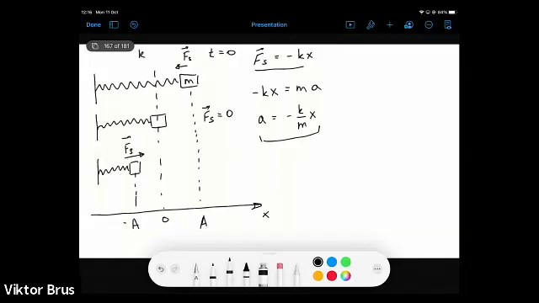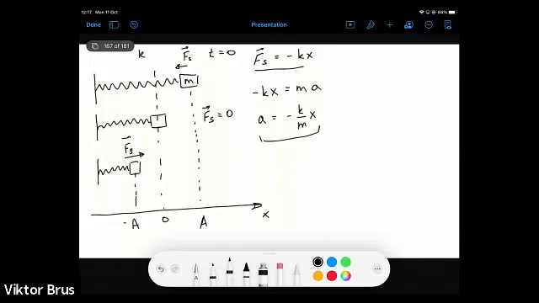So now we need to consider some differential equation, which is applicable for this particular case. Try to solve it, and that will be the way we derive the equation of simple harmonic motion.